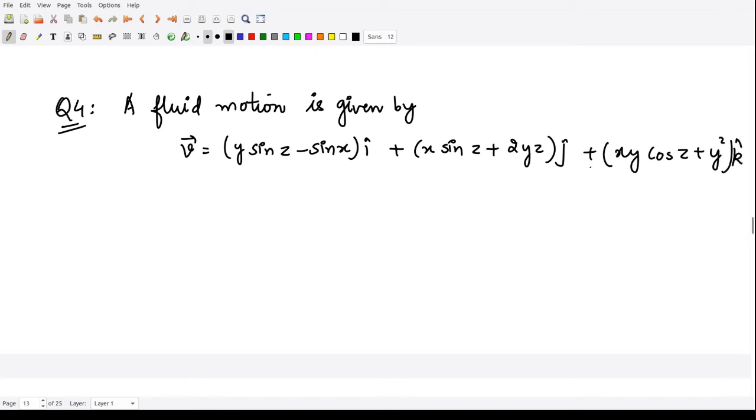Now this velocity is given to you. There you are asked, is the motion irrotational? This is the first thing.